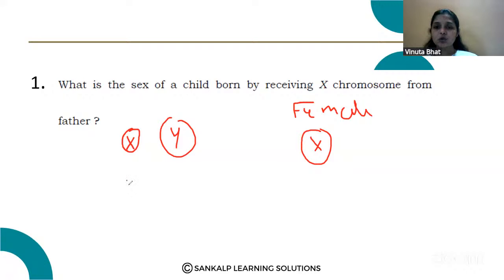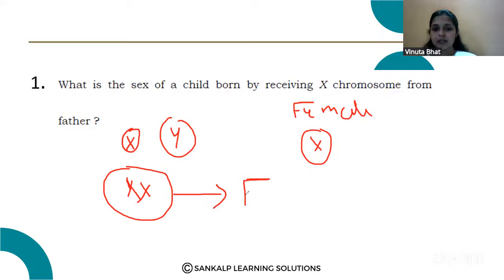If the X chromosome from the father is fused with the female gamete, the resulting zygote will develop into a female, because females have XX chromosomes and males have XY sex chromosomes. So the correct answer is the sex of the child is female.